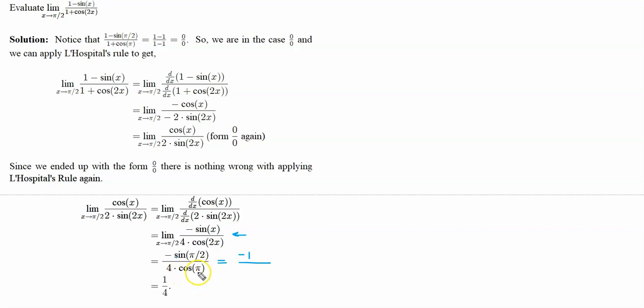Cosine of pi is -1, so 4 times -1, we get -4. And we finally get a limit 1/4. And so there you go. So therefore, going back to the original limit that we have all the way up here, this limit is 1/4. And so you see what we had to do is apply L'Hopital's rule 2 times.